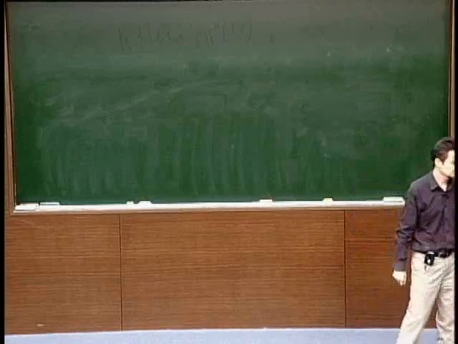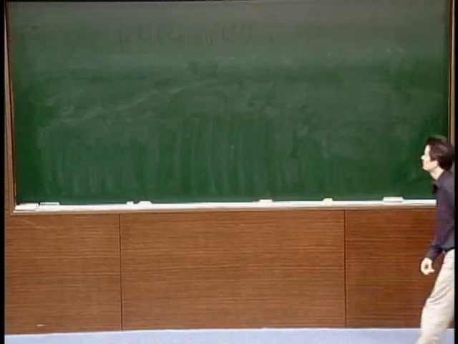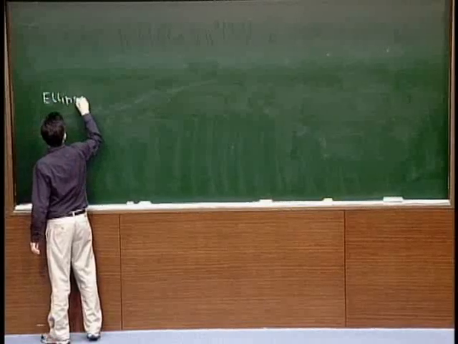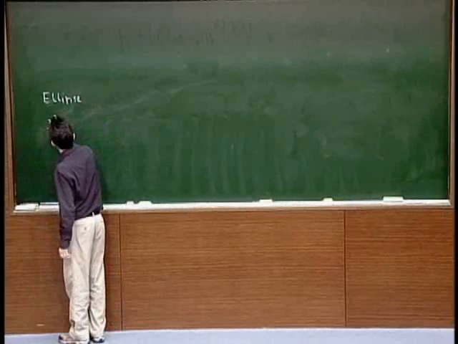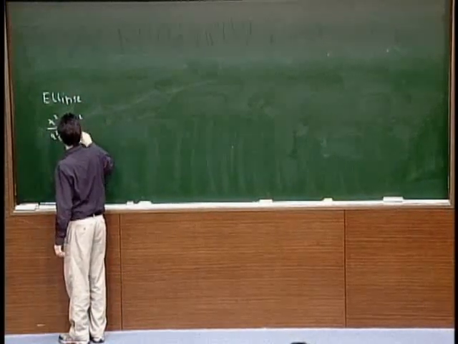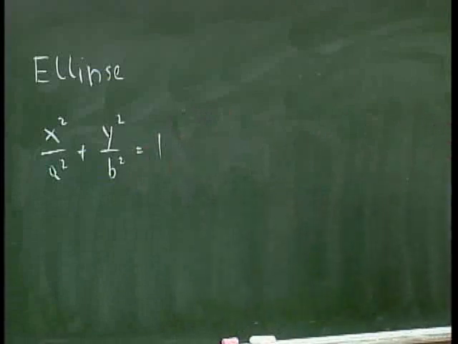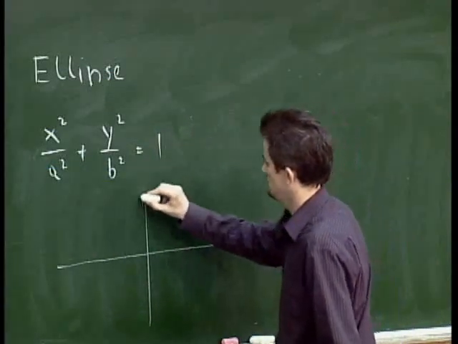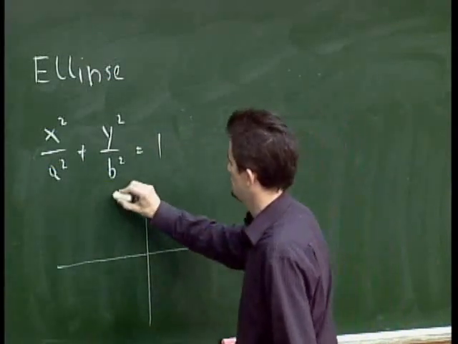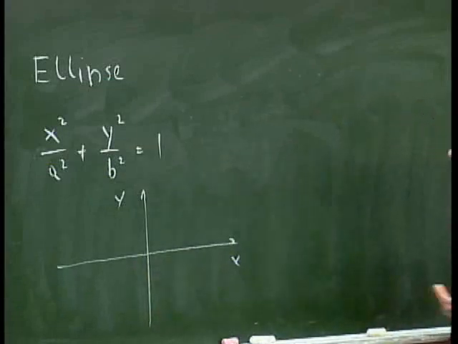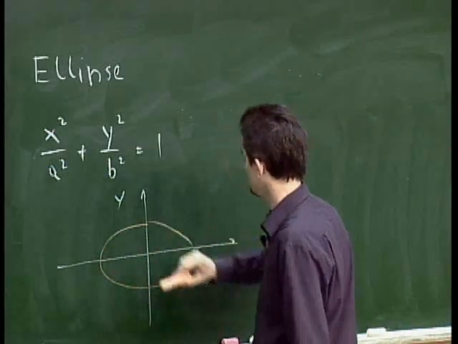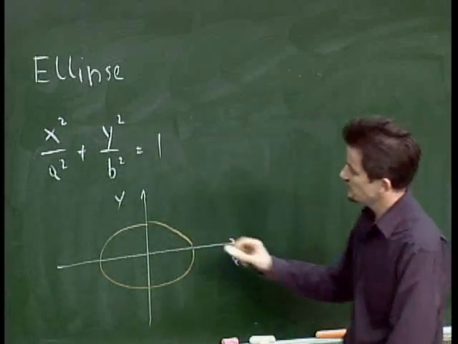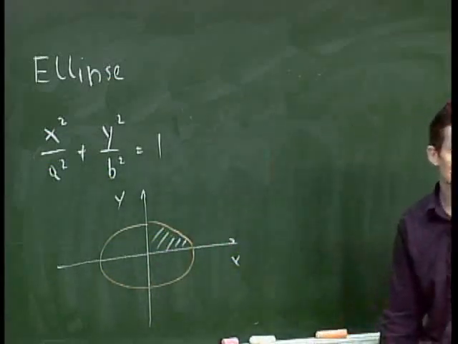So if you have an ellipse, x squared over a squared plus y squared over b squared equal to 1, you know this from high school, and you want to compute the area. For instance, we can reduce this problem to computing the area of this piece.